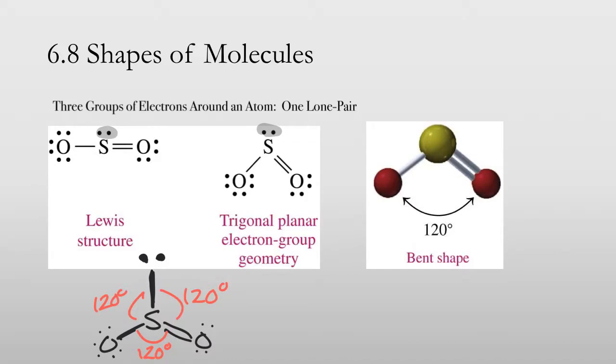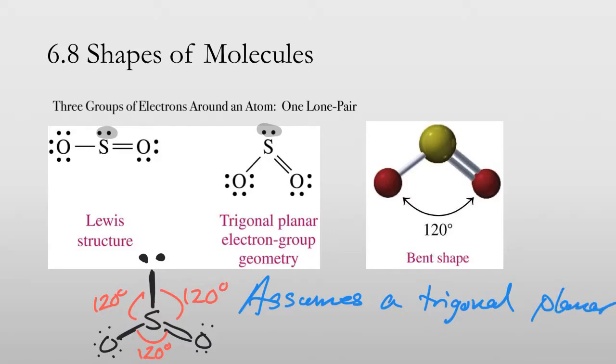So it assumes this trigonal planar shape. But I should say geometry. But we don't include the lone pairs in the shape, in the overall shape of the molecule for some reason.